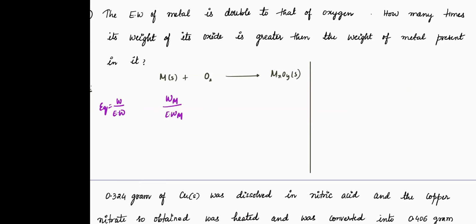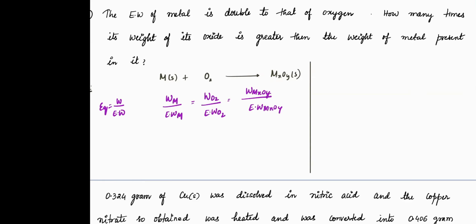As per the law of equivalence, the number of equivalents of all the reactants and products should be equal. That's why I'm equating here. So that should be equal to weight of O2 divided by equivalent weight of O2. And that should also be equal to weight of metal oxide divided by equivalent weight of metal oxide.